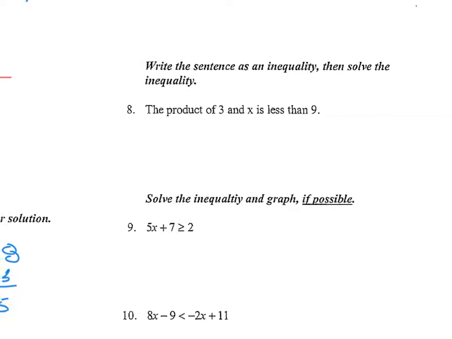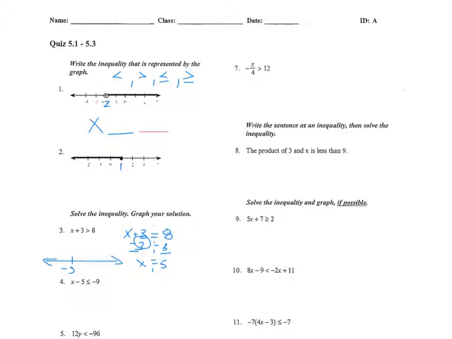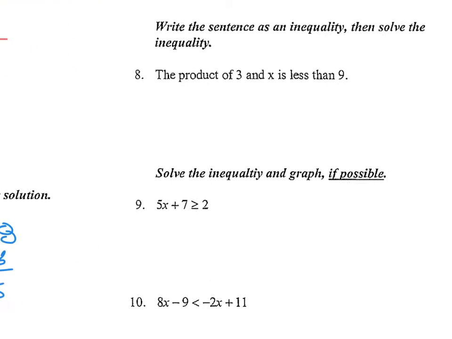Number 8, you're going to write the inequality and then solve. So you're going to write it like you did on number 1 and number 2, but now you have to solve it. So the product, which means multiply, of 3 and x is less than 9. So you need to make the problem. The product means multiplication.